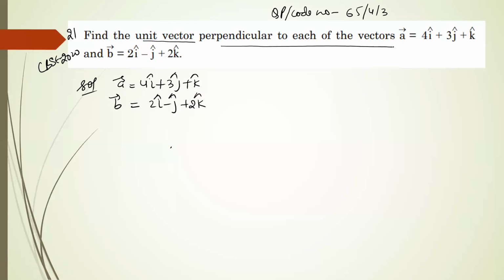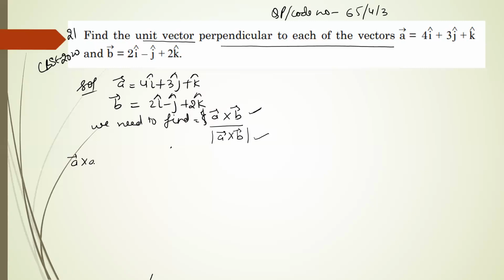That means we need to find vector A cross vector B, that is the cross product of vector A and vector B, and then we have to divide it by the magnitude of the cross product of vector A and vector B. So first we have to find the value of A cross B, and then we have to find the magnitude of A cross B. Let's quickly do that.